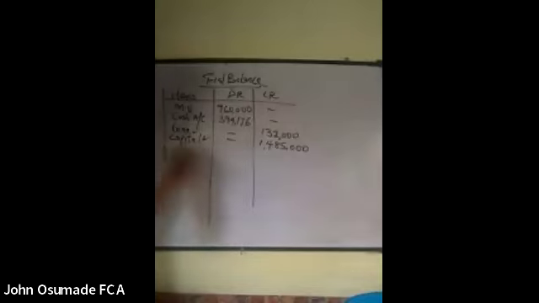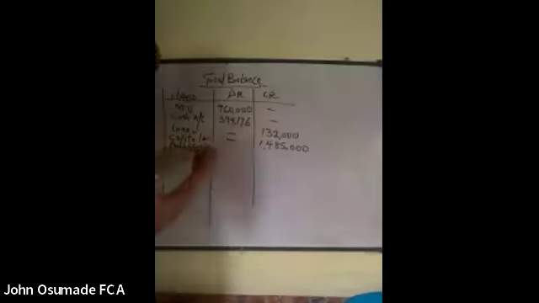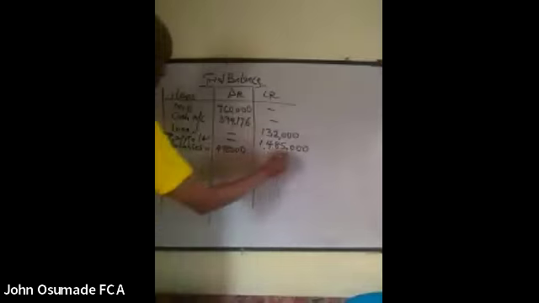Next. Purchases, debit side. Figure. 498,000. Next.